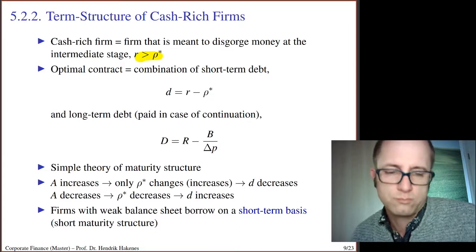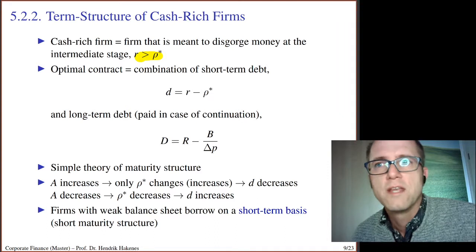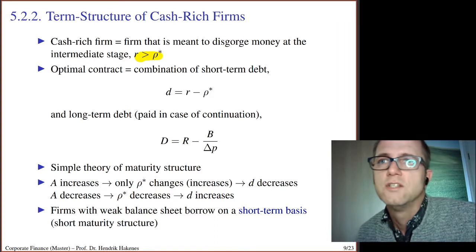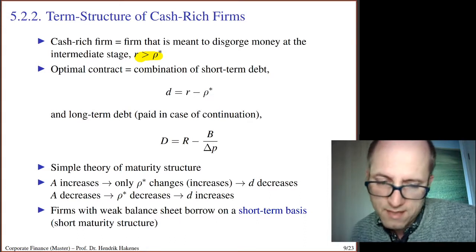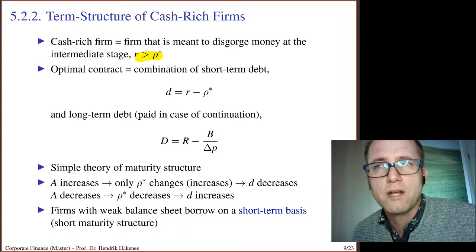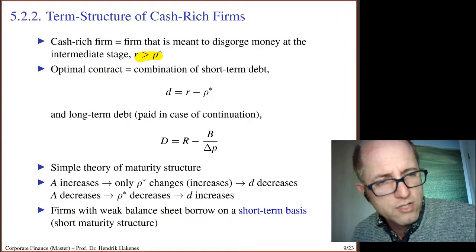Let's rather cut away the zeros. Let's say R is equal to 10 and rho star 8. So that means that the firm collects 10 at the intermediate date, but it should be allowed to use only 8 to repair the machine. So how can we ensure that?